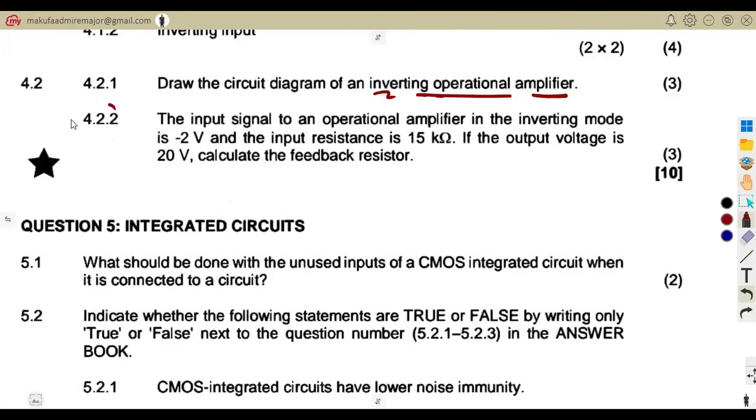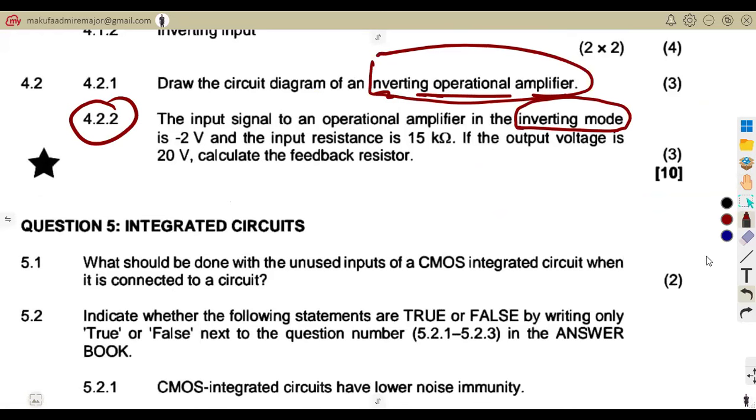And from there, they gave us 4.22, which is a continuation from the same because the input signal of an operational amplifier in the inverting mode, which is the one that you just drew there, the inverting amplifier. They gave us the input, that is our V1, or you can just write it as VI, in that case is -2 volts.